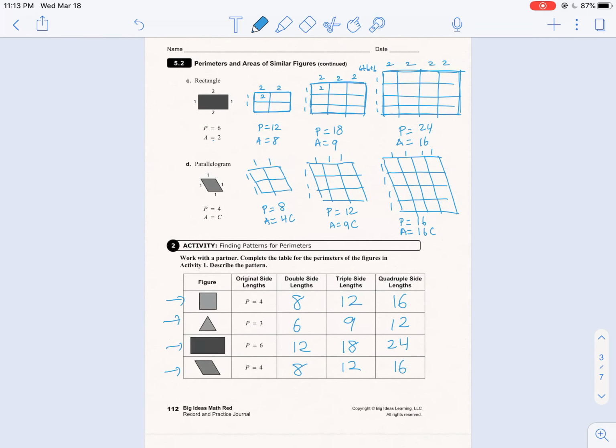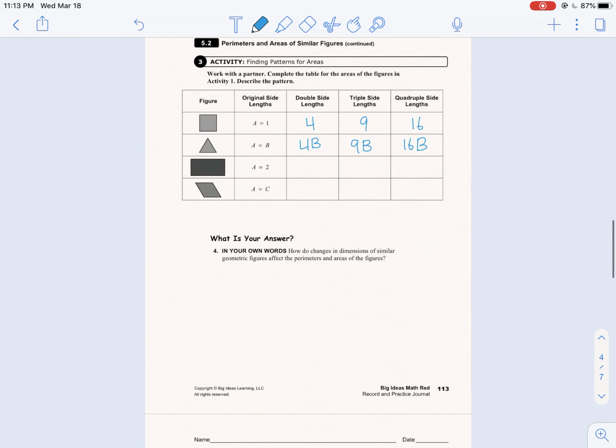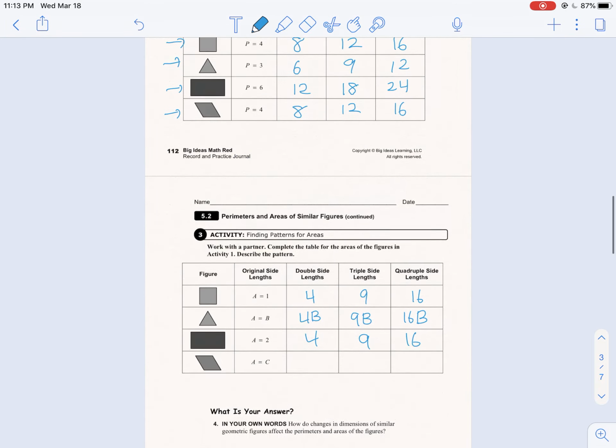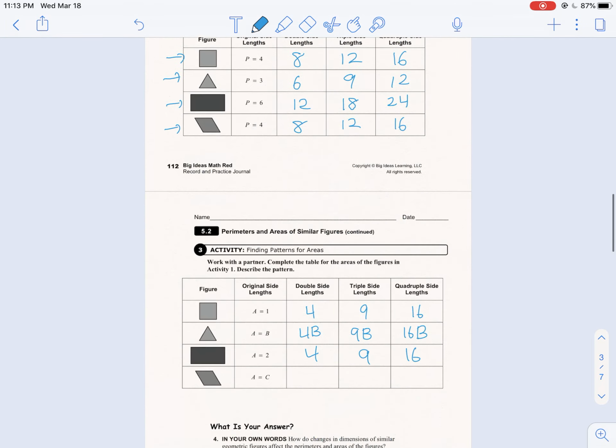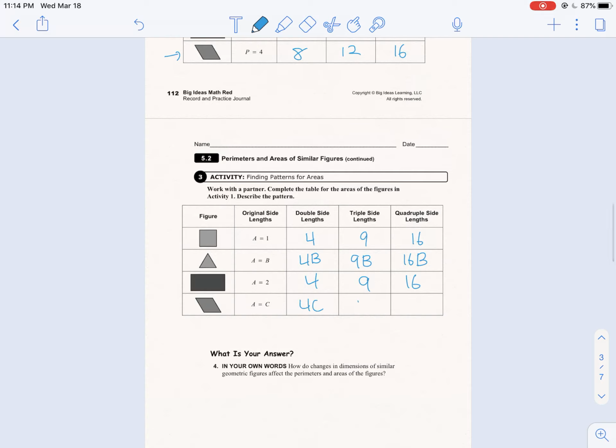For rectangle, you have 2, 8, 9, or actually, I'm sorry, 4. So you had 4, 9, and 16. Okay, and then the last one, 4C, 9C, 16C.